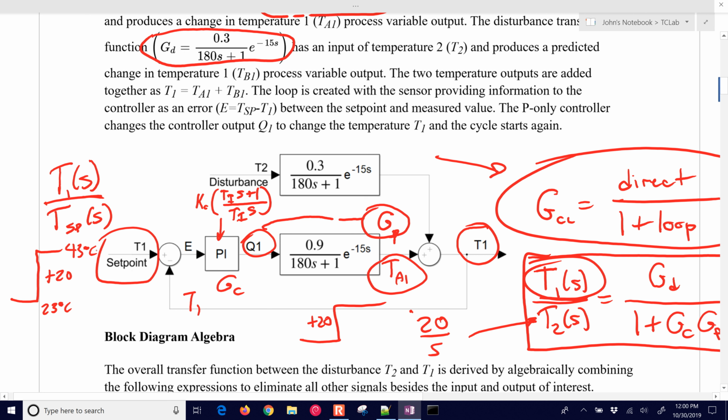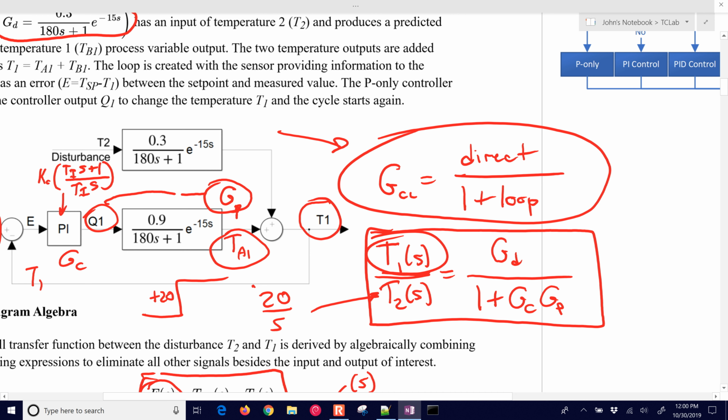We can compute that analytically. Just like we had before with the direct divided by 1 plus a loop, if we use a set point here instead, the direct is going to be our controller and our process. So instead of GD in the numerator up here, we're going to use the controller and the process and then compute the analytical solution.